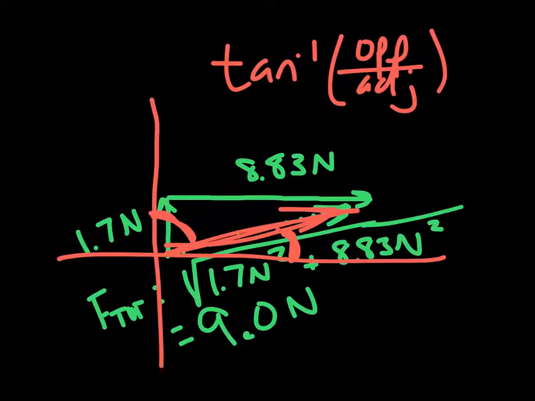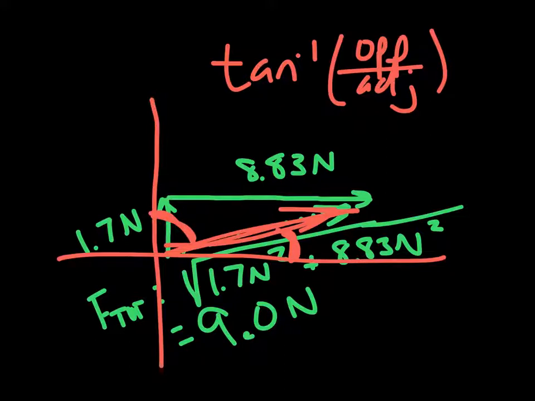Now don't forget, this 1.7 can be drawn over here. So that's the opposite, so that will be 1.7. And then this part of this triangle that will be made here, this is going to be 8.83 newtons. So you're just taking this vector and sliding it down. Vectors can be manipulated. We've talked about that in the past.